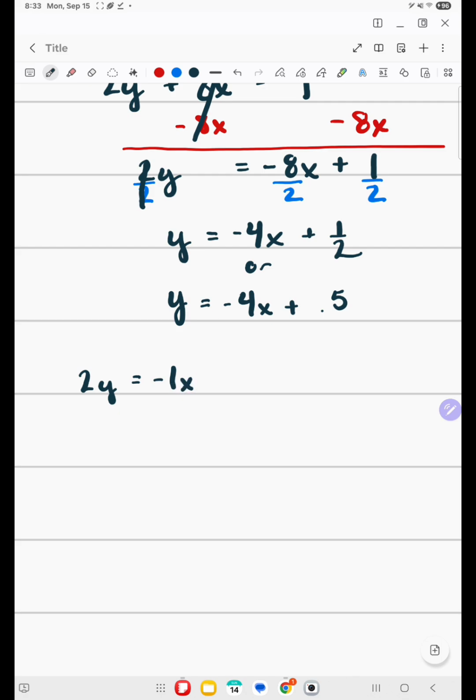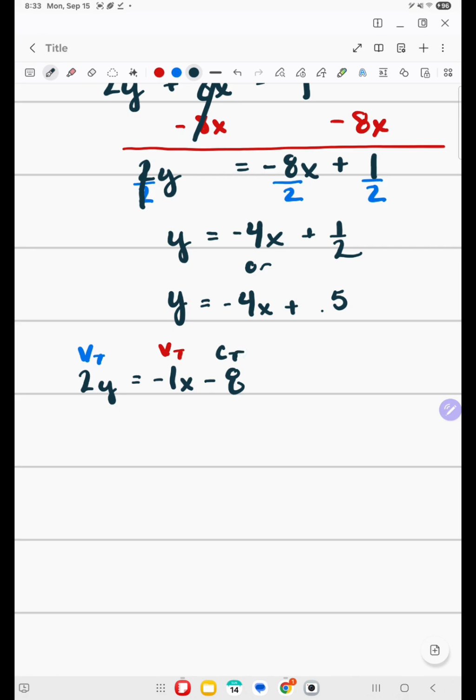Negative 1x minus 8. All right, let's identify what we have. 2y is a variable term. Negative 1x is a different variable term. And negative 8 is a constant term.